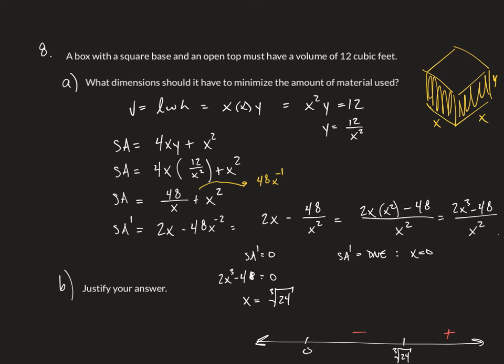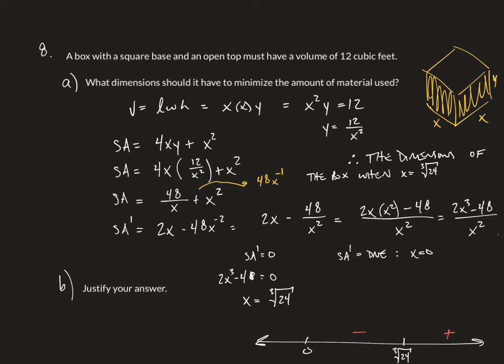So we'll say, therefore, the dimensions of the box when x equals the cubed root of 24.